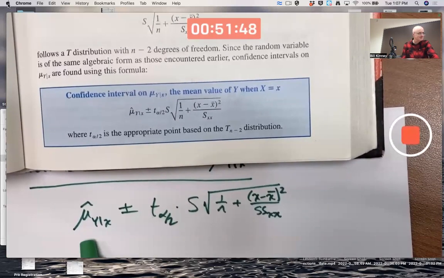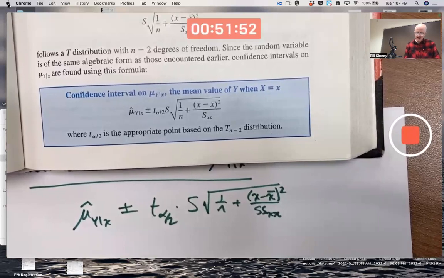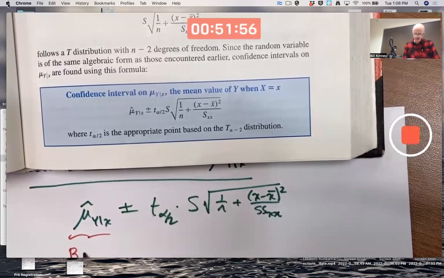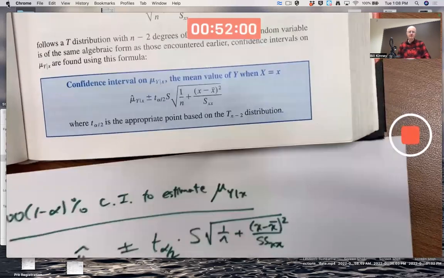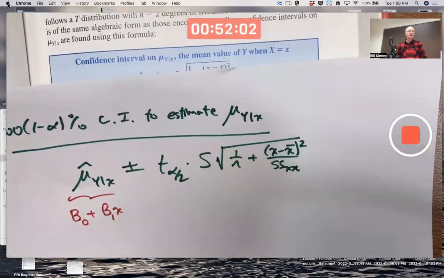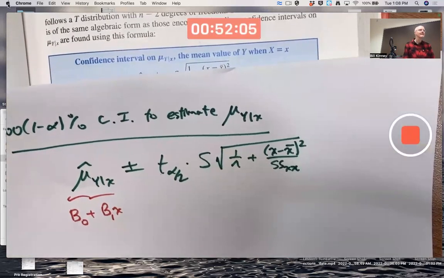What's mu hat? Mu hat is none other than B0 plus B1x. Using capital letters there because it's a random variable. But of course, once you've got data, then they become observed values and you can use lowercase letters.